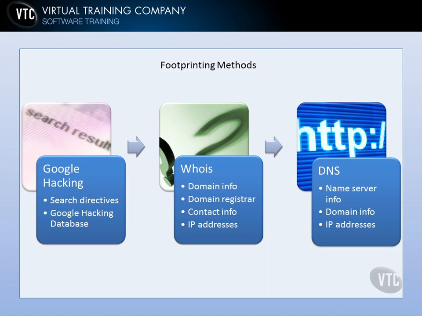We also have Whois and DNS methods, and basically Whois is a registrar that gives us domain information, who the contact information is in the company, the IP address range, and so forth. DNS footprinting will give you information about the company's name server structure, internal and external DNSs, domain information, IP addresses, and so forth. You might also get information about their internal servers and how their structure is on the inside of the network.